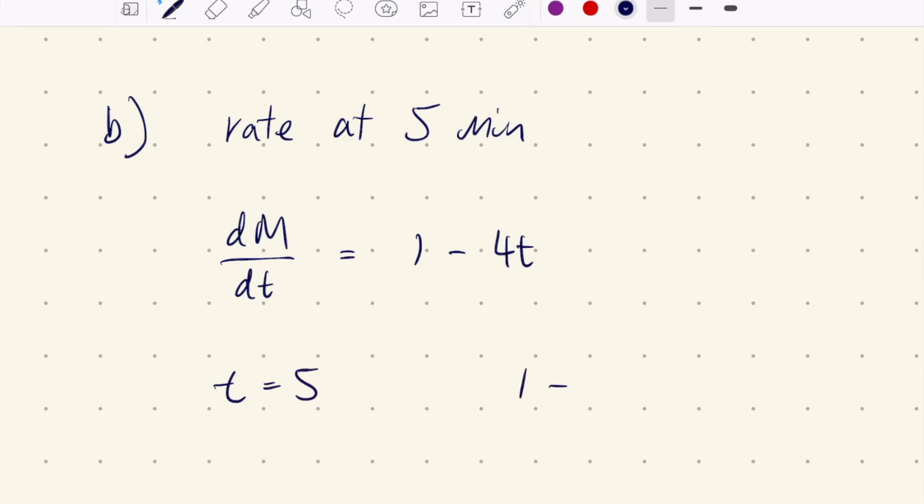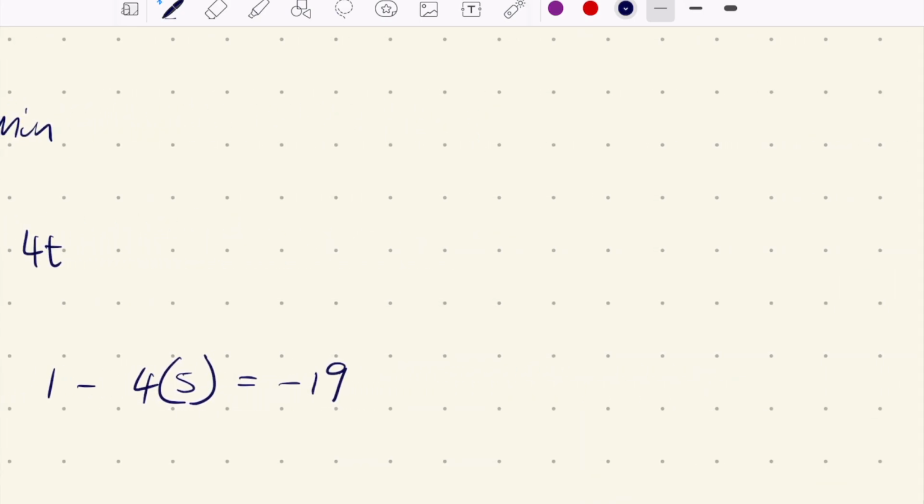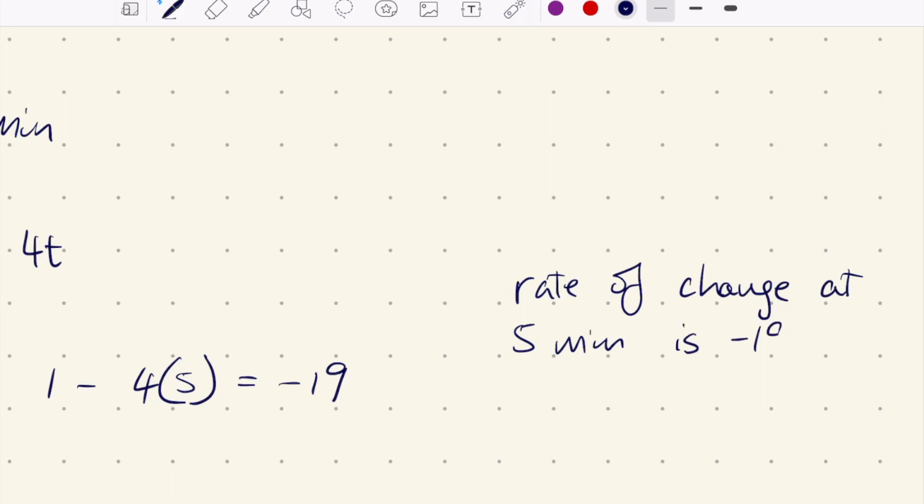That means 1 minus 4 times 5, which equals minus 19. That means the rate of change at 5 minutes is minus 19 grams per minute.